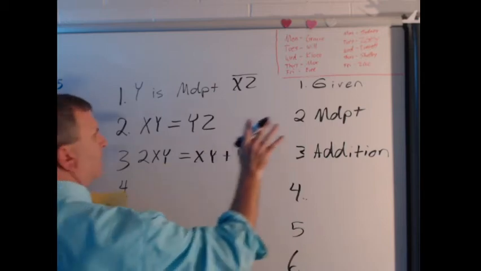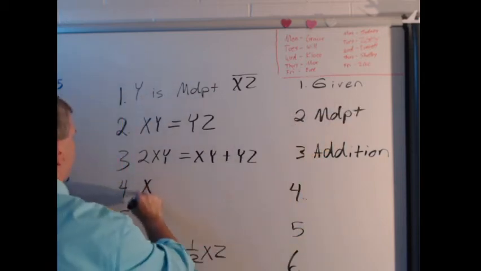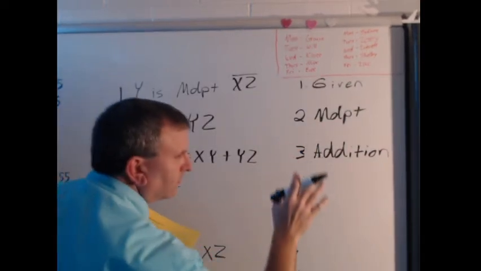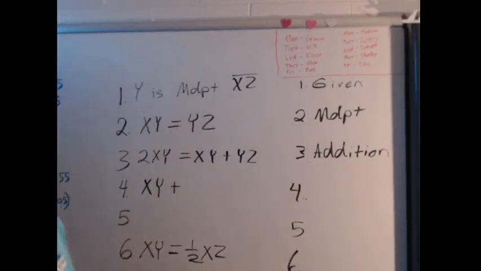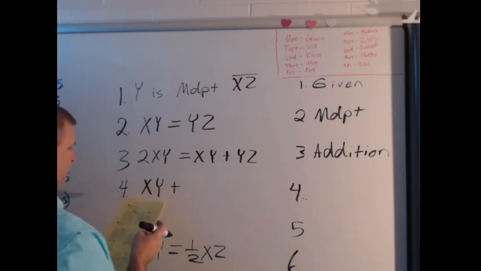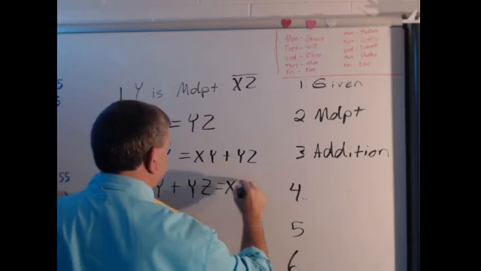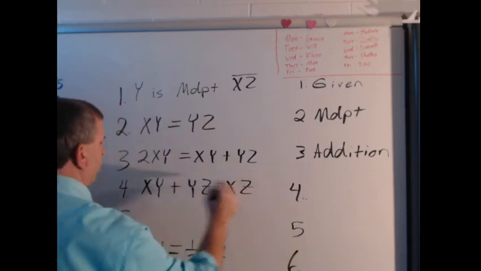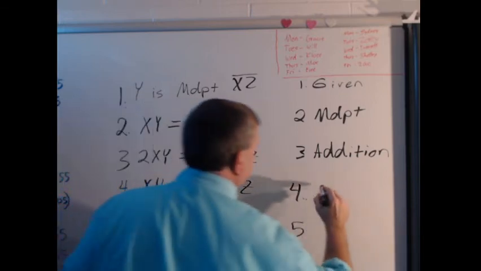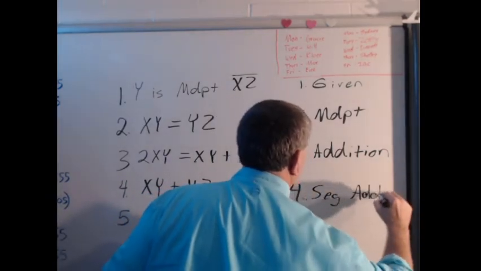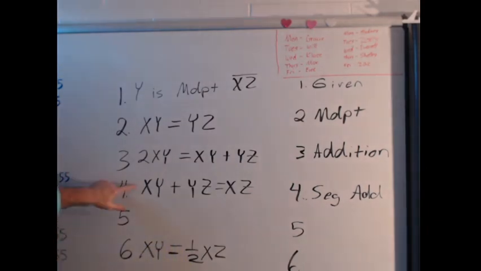Well, if I always look at my line, whenever you have a line that you're doing, which is what we're doing here, and I have xy plus yz is equal to xz, well, that is segment addition, which is what I'm getting towards, but I know it's going to be in there.